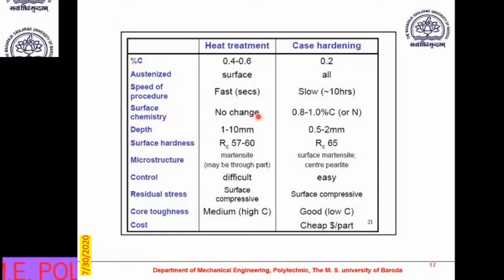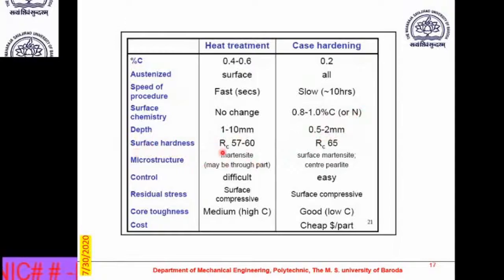Surface chemistry does not change. In case hardening, surface chemistry changes as the carbon content is increased up to 0.8 to 1% carbon or nitrogen is added. Depth is 1 to 10 mm, here it is 0.5 to 2 mm.